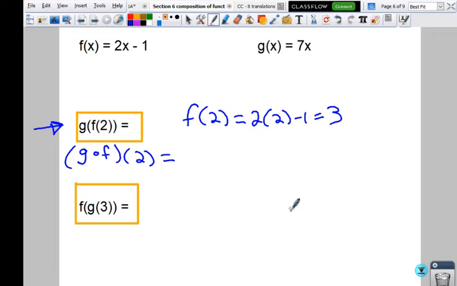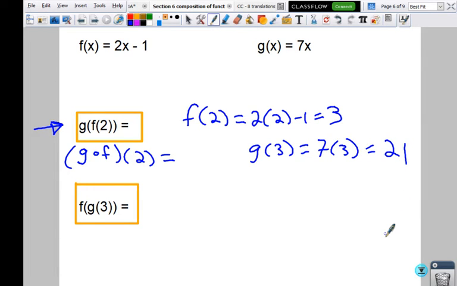Jaden, what am I doing after that? Put 3 in, G of 3. Yep, we're going to do G of 3. So G of 3 is going to be 7 times 3, which is 21.